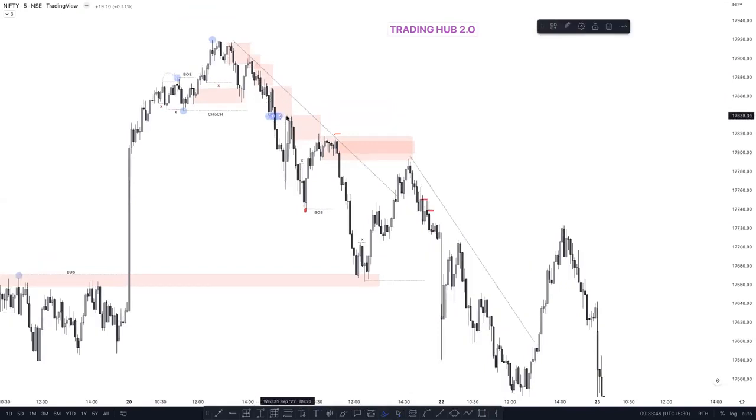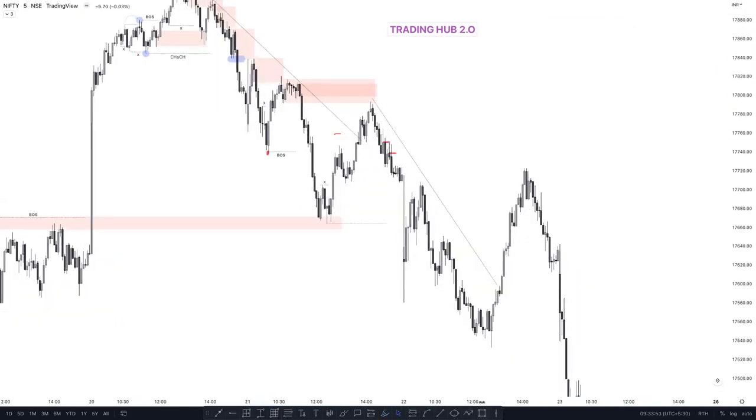This one is also mitigated, so we can refine where our unmitigated order block is. In this case, you can see this is an order flow, this one and this one, everything is mitigated, right? But price pushed higher, right?